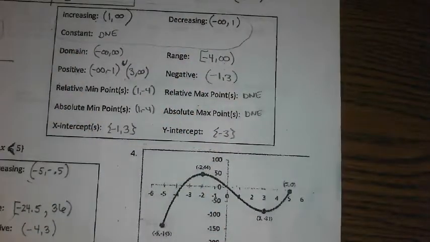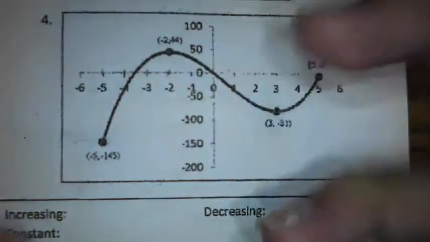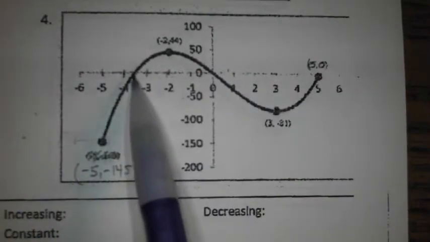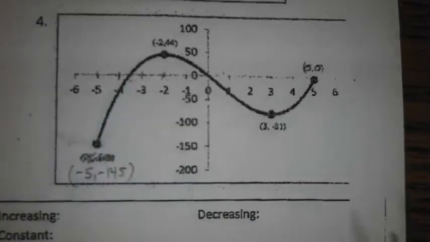And first of all, let me clarify what these say. We have -5, -145. I'm just going to rewrite that because it's not clear. What do we think this x-intercept is? -3.5, comma 0.